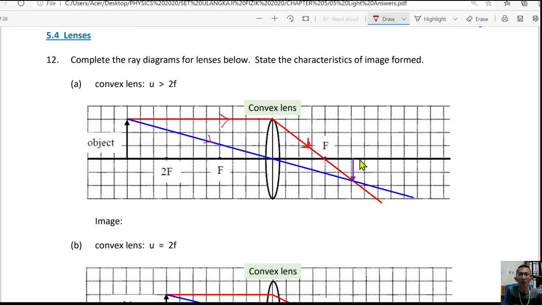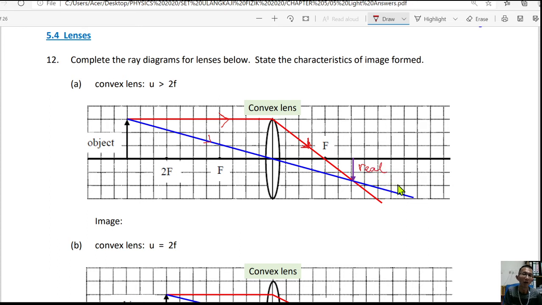Now compare object and the image. First, I do know it is smaller, so diminished. And then it is inverted, upside down. Real or virtual? Remember what I said? Mirrors and lenses contradict each other when it comes to virtual and real. So for lenses, if the image is formed on the other side, then this image must be real. So this image is real.